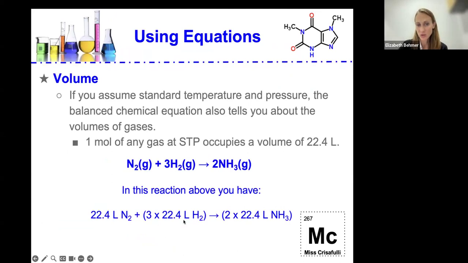You take 3 times 22.4 to end with 2 moles of ammonia. So you'll take 2 times 22.4. And you'll see that when they are equal, we get 22.4 plus 67.2 is equal to 44.8.